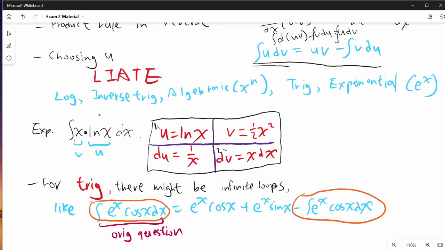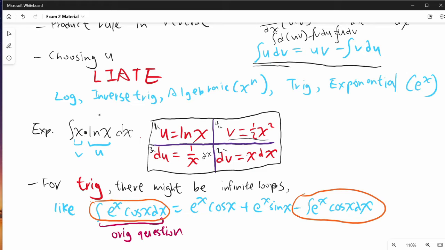I choose to do the differentiation first, so du would be 1 over x dx, the natural log's differentiation. Then integrate dv, this box, and you get 1/2 x squared.